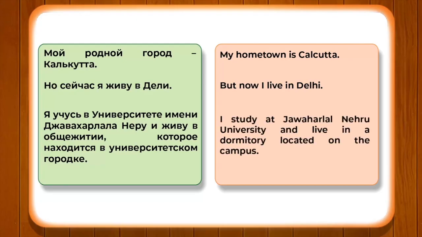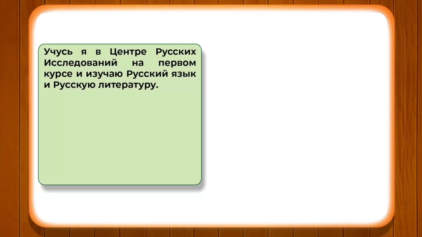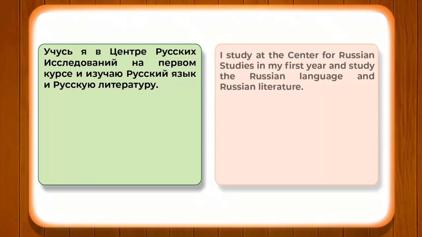I study in a university named after Jawaharlal Nehru, which means Jawaharlal Nehru University, and I live in a hostel, которое находится в университетском городке, which is situated in the university campus. Учусь я в Центре русских исследований на первом курсе. Учусь я or я учусь, I study in the Center for Russian Studies in the first year.